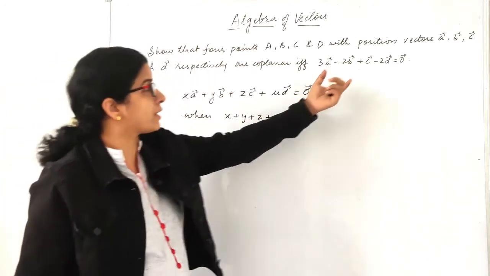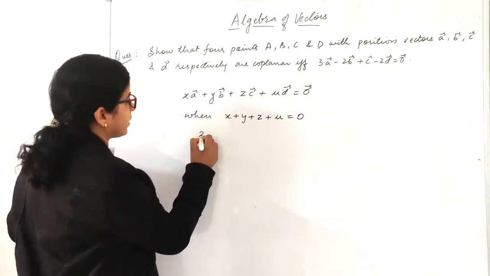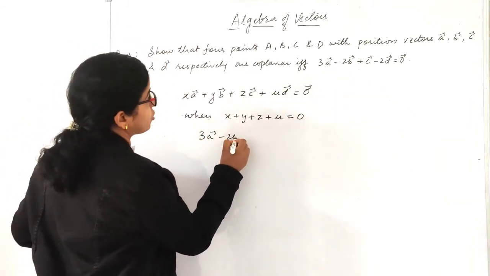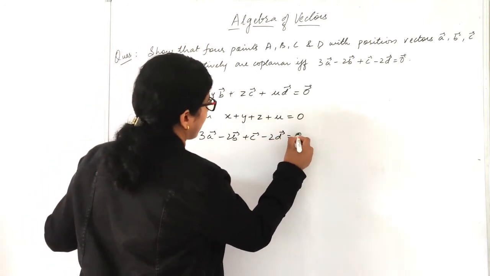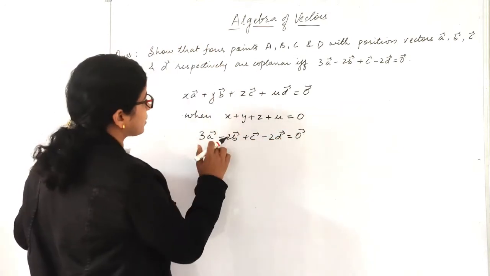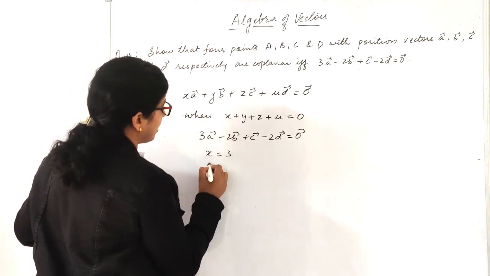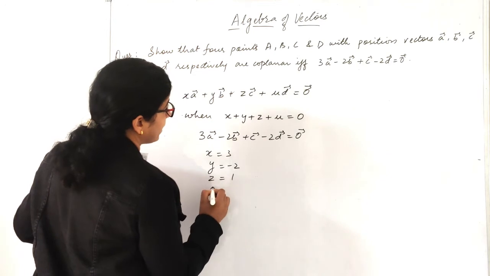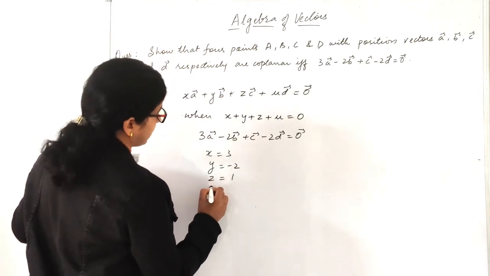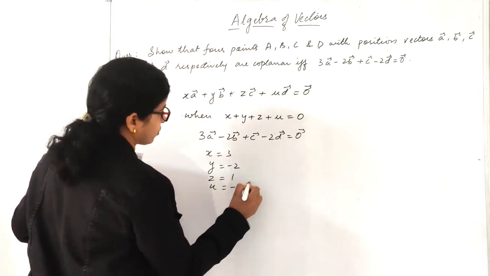So if I check this case, 3A vector minus 2B vector plus C vector minus 2D vector is a 0 vector. Comparing with this, I have x as 3, y as minus 2, z as 1 and u as minus 2.